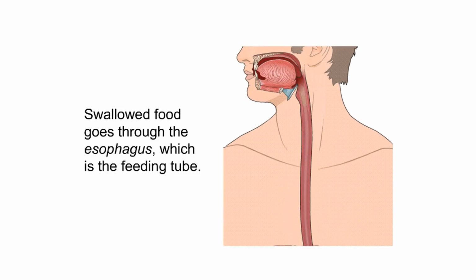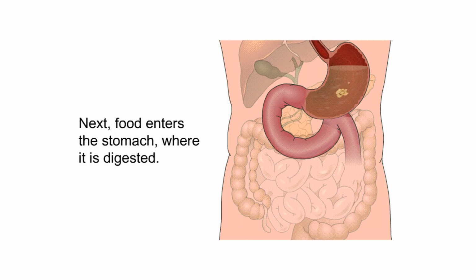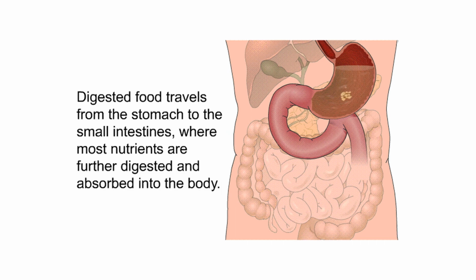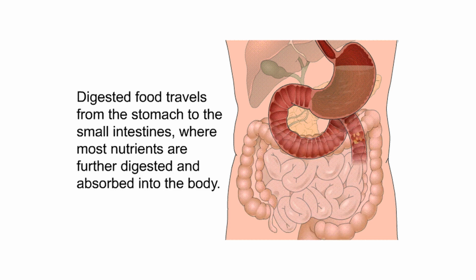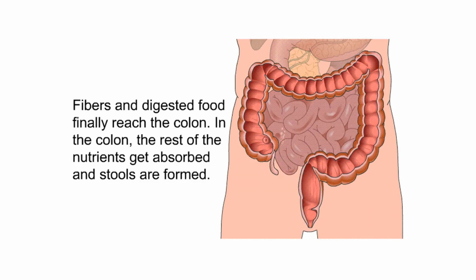Anatomy. Swallowed food goes through the esophagus, which is the feeding tube. Next, food enters the stomach, where it is digested. Digested food travels from the stomach to the small intestines, where most nutrients are further digested and absorbed into the body. Fibers and digested food finally reach the colon.